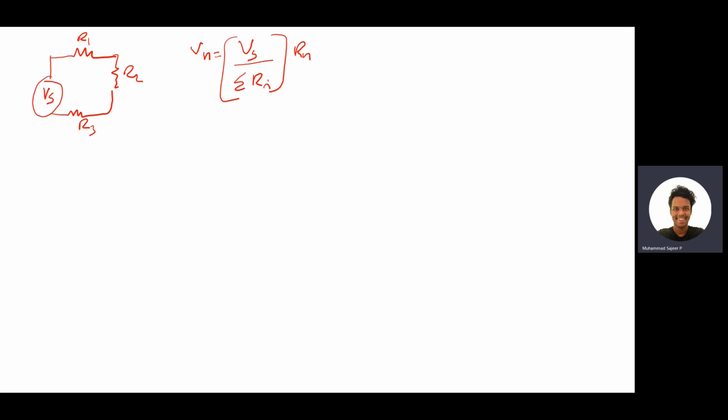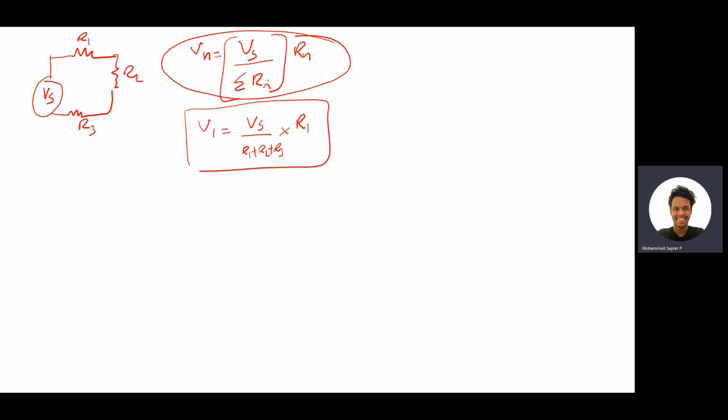For example, if you want to find V1, it will be Vs divided by R1 plus R2 plus R3, into R1. So this is the voltage division rule. This is a general equation.